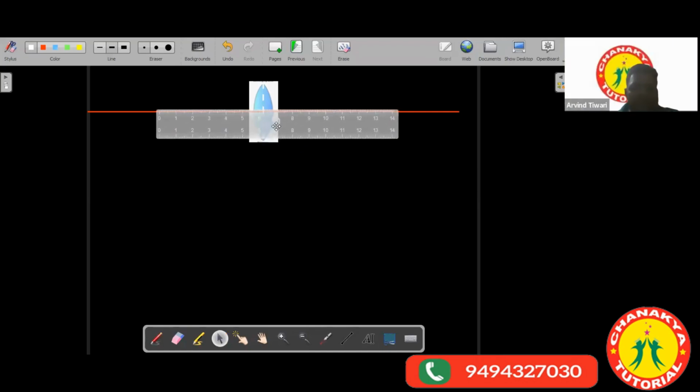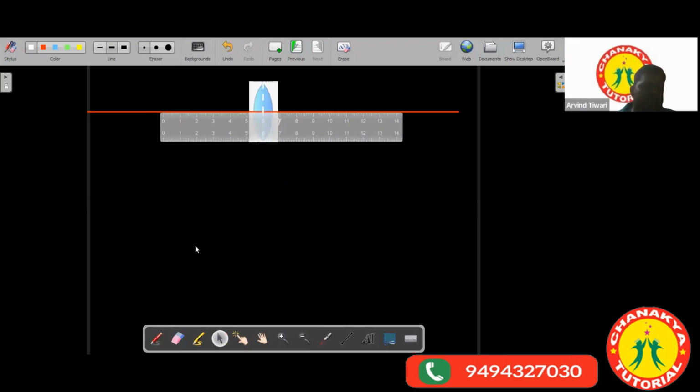So again, the same way, put your ruler something like this. Here I'm taking the focal length to be 3 centimeter. You can take 4 centimeter also, whatever your notebook permits. So this is our F. This is 2F. Here also you have F, and here is 2F.